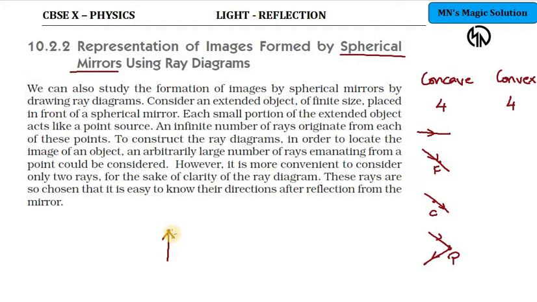So, the object பாத்தீங்கன்னா ஒரு finite size extended object ன்னு எடுத்துக்கலாம். So, it acts like a point source. இதில இருந்து infinite number of rays will originate from each of its points. அப்போ நம்ம இந்த ray diagrams consider பண்ணும்போது just we are going to imagine one point and the rays that are coming out from that one point.